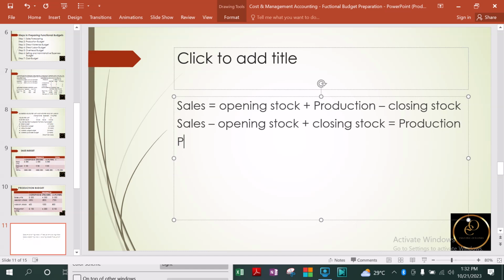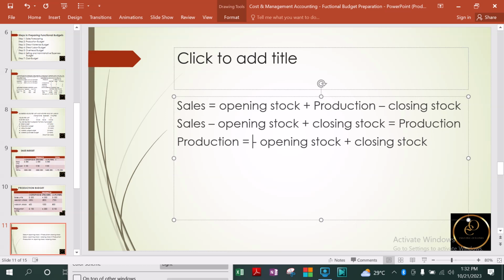Production is equal to minus opening stock, then plus closing stock, to give you what we produce.